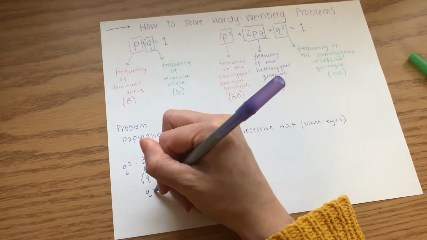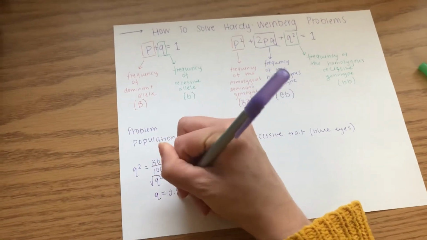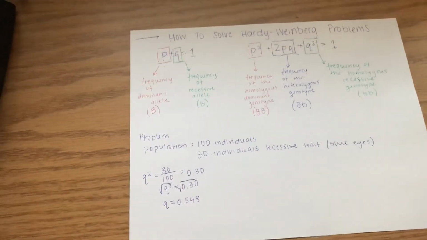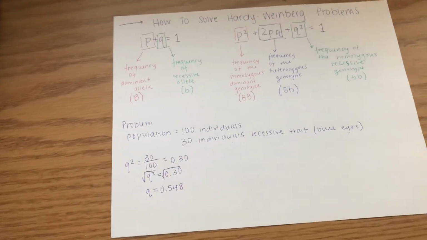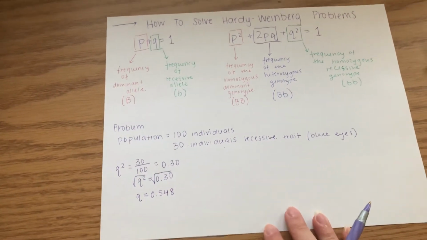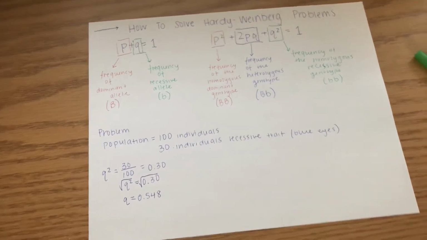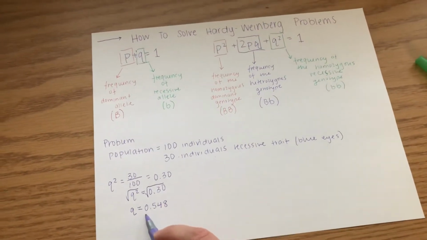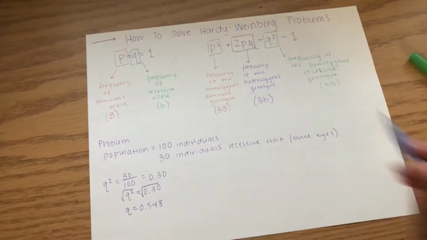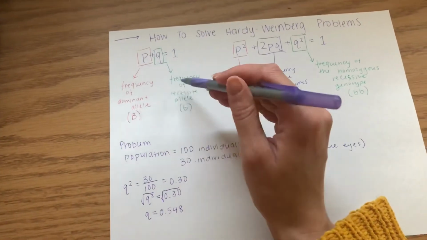So we know that Q, and I'm going to do this in my calculator, so Q is going to equal 0.548. So something that's really key for these problems is that you always want to make sure that you're rounding to at least the third decimal point and not making it too short, okay, because we want to make sure that we have all of the accurate calculations. So this gives us Q. So now for this problem, we have the recessive, but we want to find the dominant. So what we're going to do is find our P using this equation.